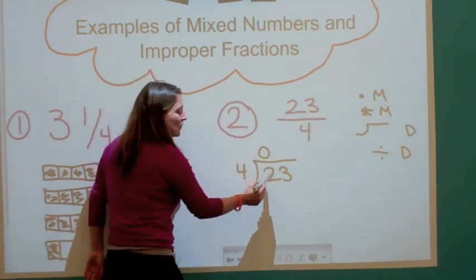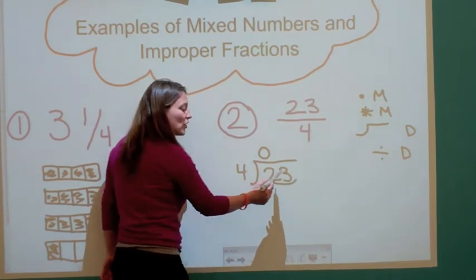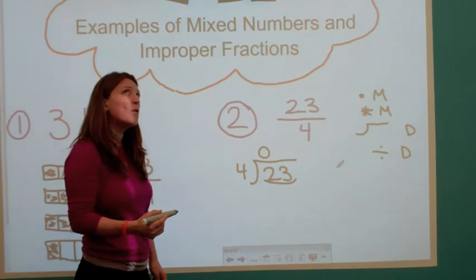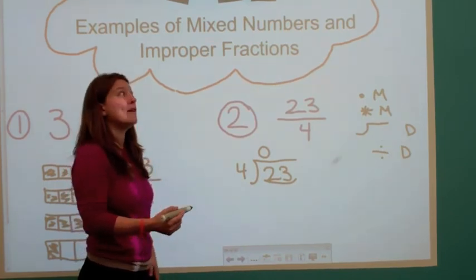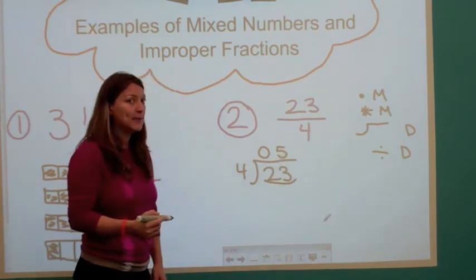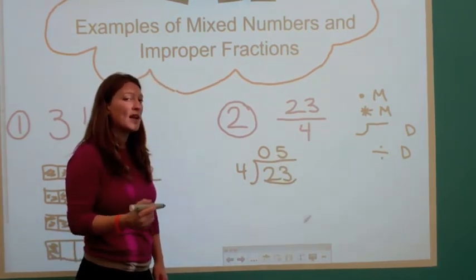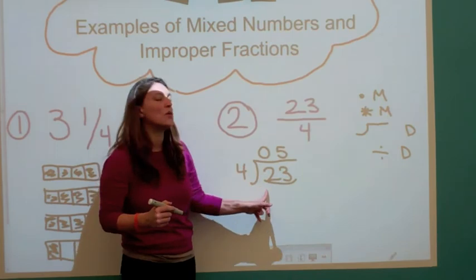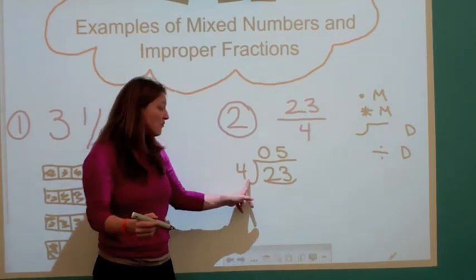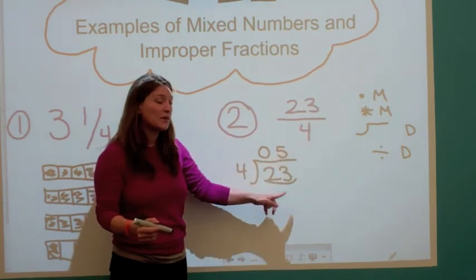Then I have to ask myself, well, how many times does 4 go into 23? Well, I know that 4 goes into 23 5 times without going over. And remember, we always have to think, how many times can my divisor go into my dividend without going over? And in this case, it goes in 5 times.